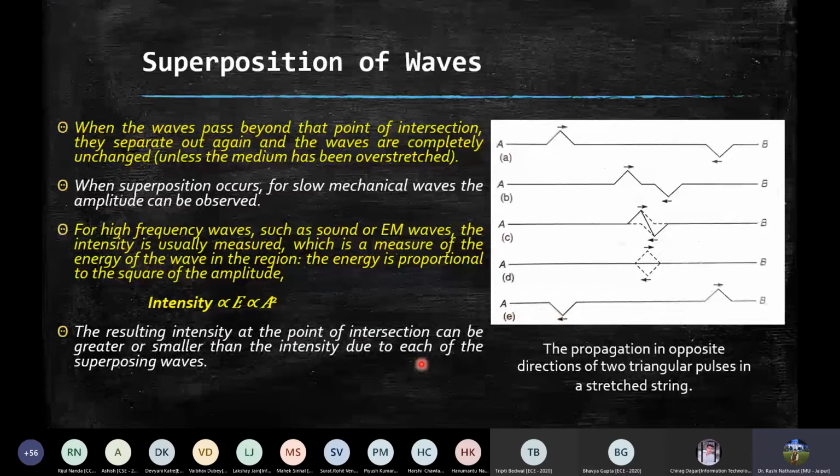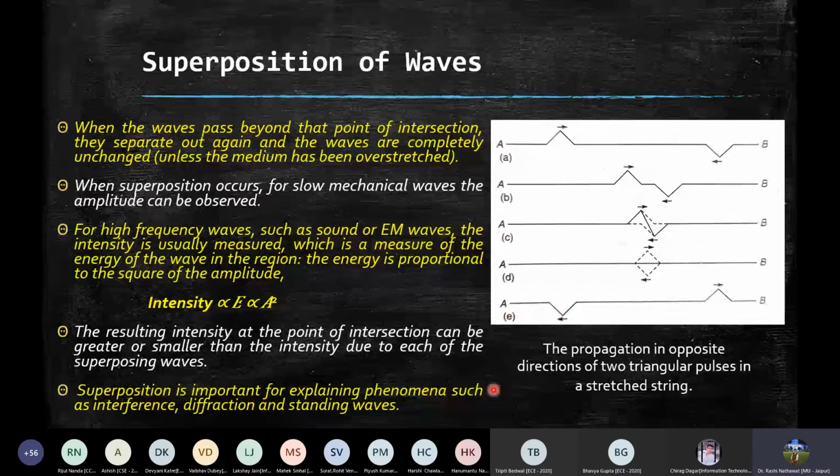Superposition is important for explaining phenomena such as interference, diffraction, and standing waves. So why are we first discussing superposition? Because this is the main phenomenon. These are simple harmonic motions, simple waves, superimposing on each other, and we can calculate the amplitude and the intensity.